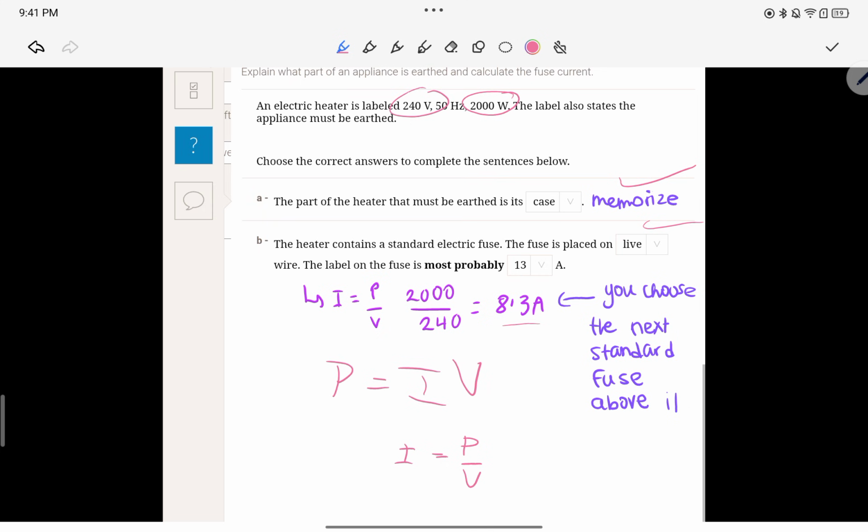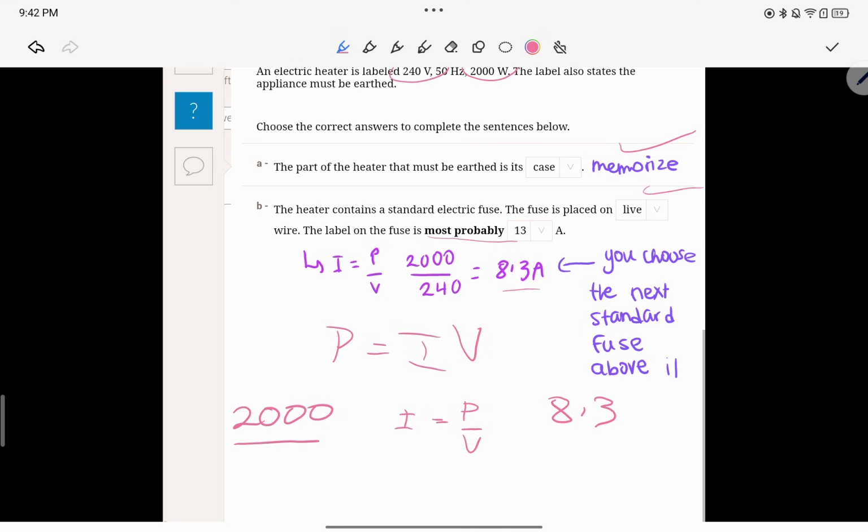Now for this, they didn't say what the answer is, they said most probably. You have to take a bigger one than it. Even if you had the answer as 8.3, no, you take the one above it. You don't take the exact same one. Let's say the answer is 4.